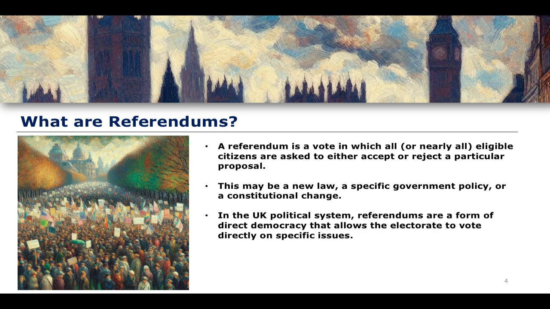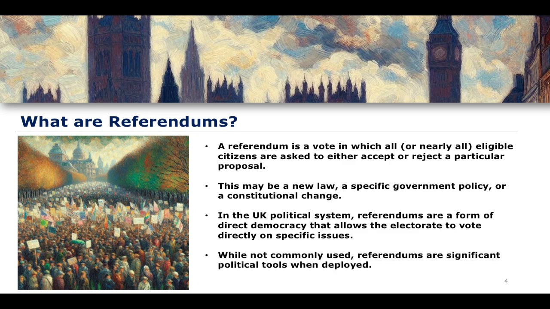So, in the UK's political system, a referendum is a form of direct democracy because it is a proposal on a new change of direction in either constitutional law or government policy. And it essentially is able to be voted upon by the general population, by the electorate. And that is the reason why it is considered to be a direct democracy.